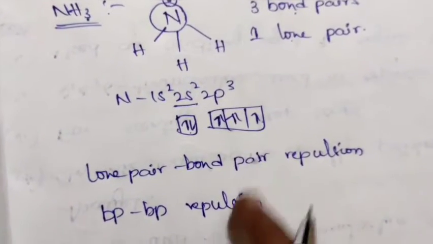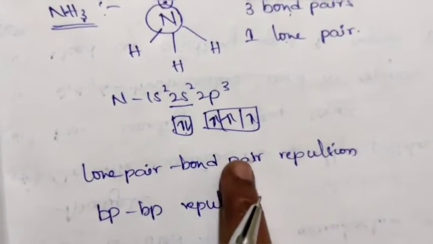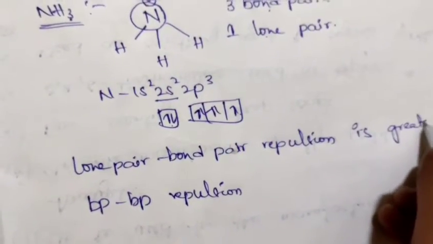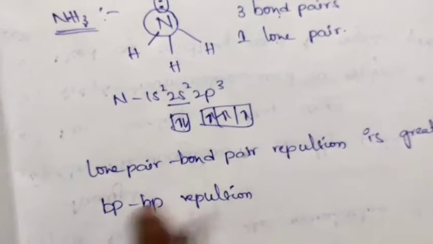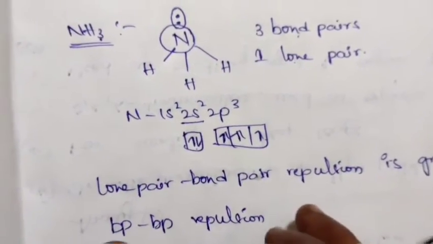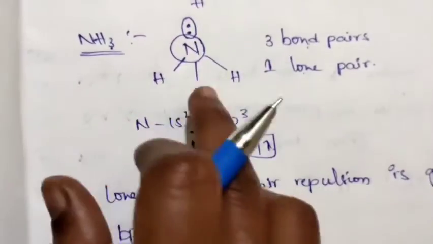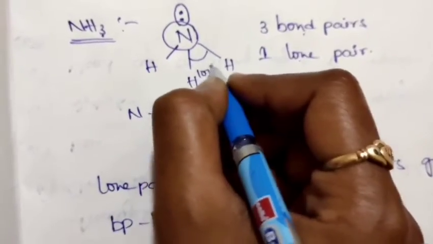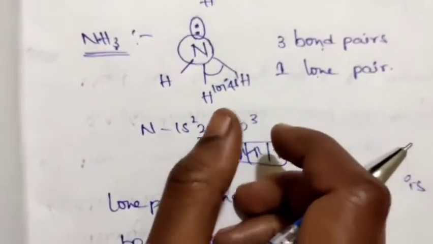But compared to these two, lone pair bond pair repulsion is greater than bond pair bond pair repulsion, and the bond angle between these H and H is 107 degrees 48 minutes.